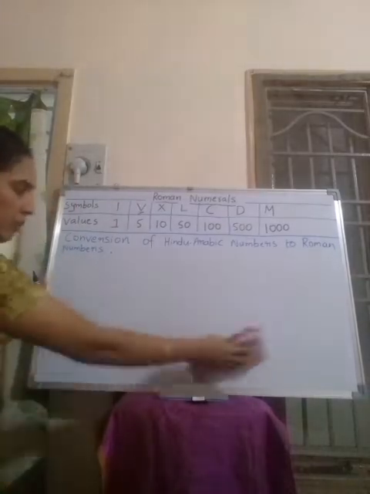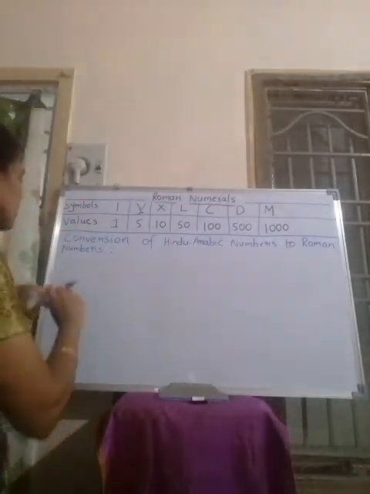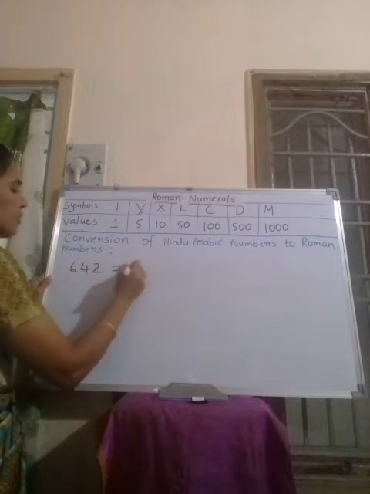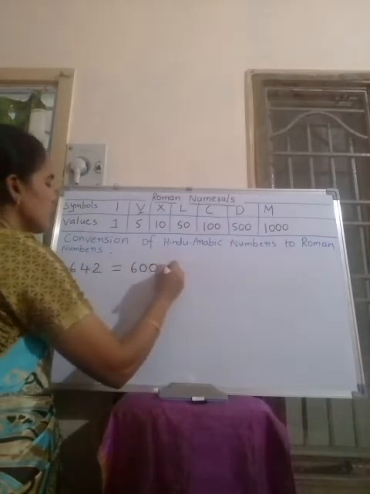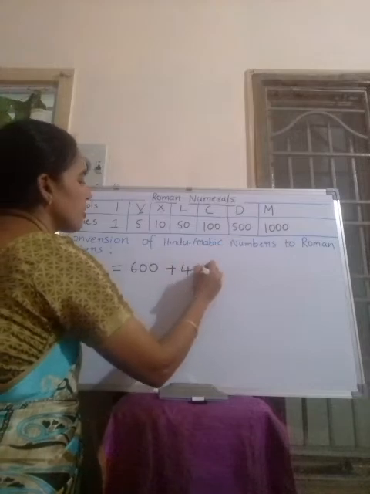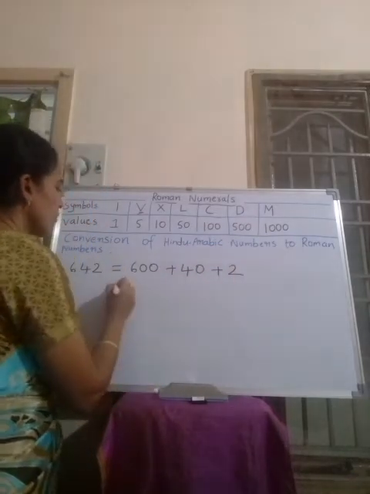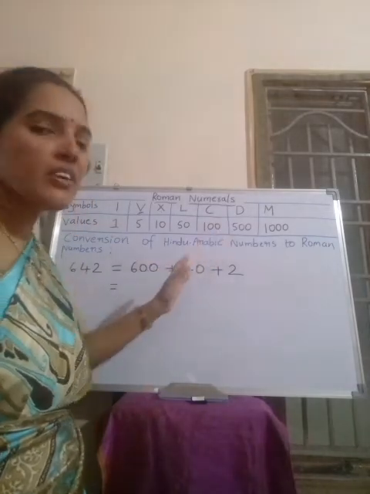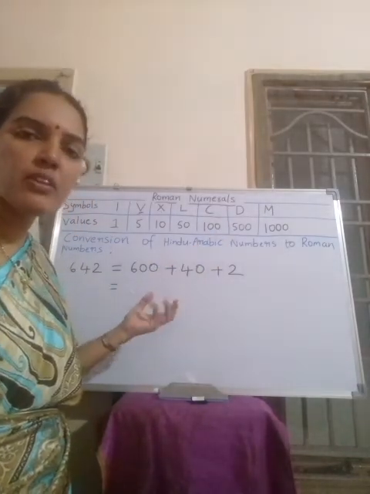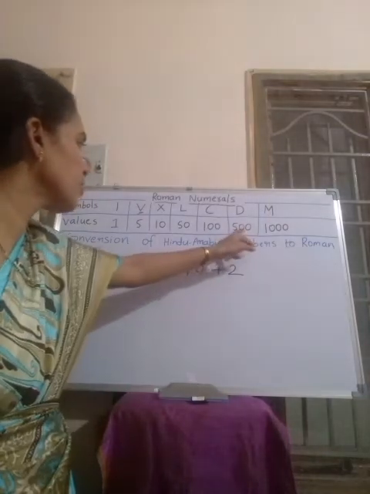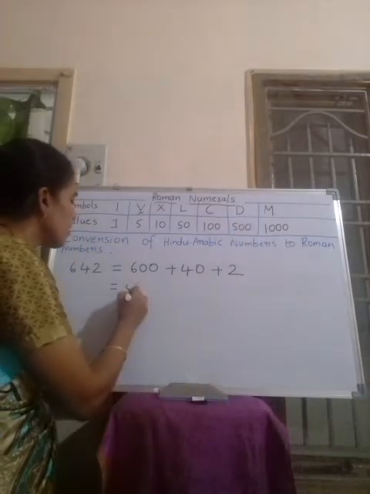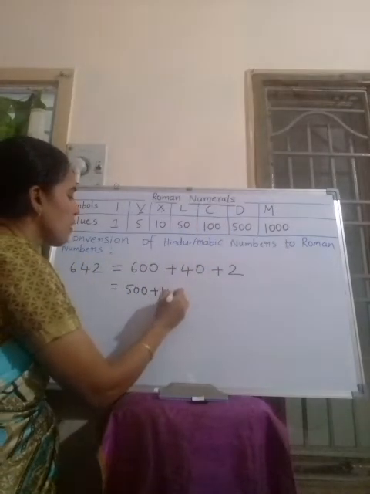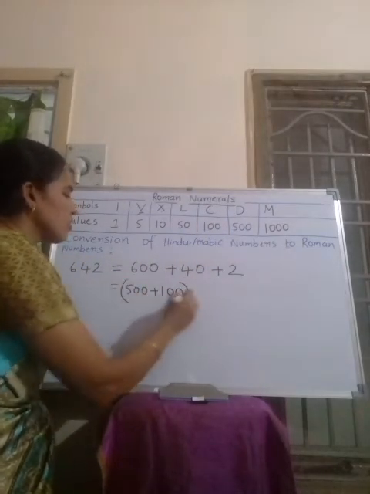Let's take another number, 642. Its expanded form is 600 plus 40 plus 2. For 600, we cannot take 100 six times. We can repeat any symbol only 3 times. That is why I am using the symbol for 500. The 500 symbol is D. 500 plus 100 is 600.